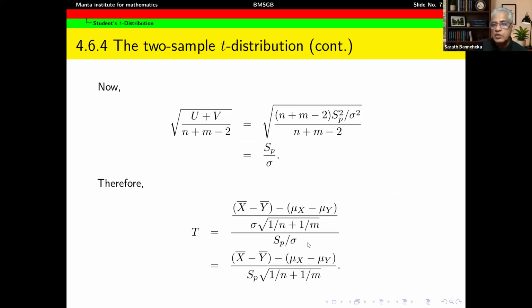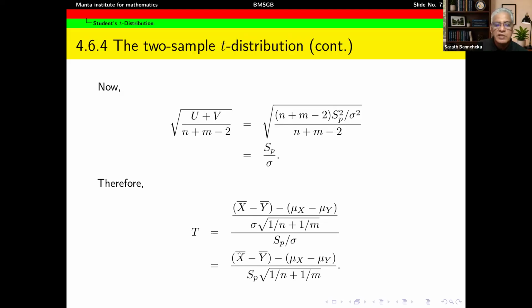So this is again a very useful result, especially when you want to deal with the difference between the means of two normal distributions. This quantity has a t distribution, and simplified, it is a pivotal quantity again.